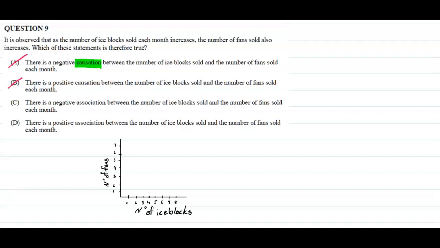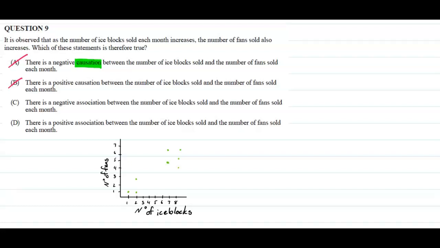our question says as the number of ice blocks sold each month increases, the number of fans sold each month increases. So you would imagine if you were only selling one ice block, you'd imagine only about one fan or two and three. But when you start getting up to 7 ice blocks, you would expect 5 or maybe 7 fans to be sold. Then maybe there were 6 or 7 fans sold for every 8 ice blocks.